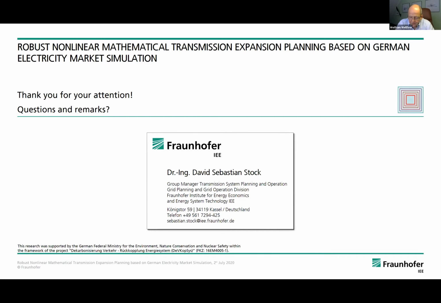I have one further question. In all these system planning approaches, I got the impression that Germany is being treated as an island. There is no representation of the neighboring systems, but we have exchange capacities in the range of 15 gigawatts to all our neighbors. How do you deal with that? And this includes also European trading. Yes, of course, this is also included. It's just not shown on the map.